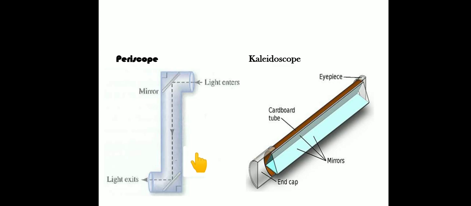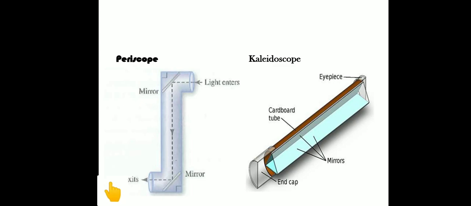In a periscope you can notice that this is a pipe-like structure. This you can make at home also. And in this tube, two mirrors are placed at 45 degrees. What happens here: when the light enters and hits the first mirror, it reflects and goes to the second mirror, and when it hits here, then it comes straight out.